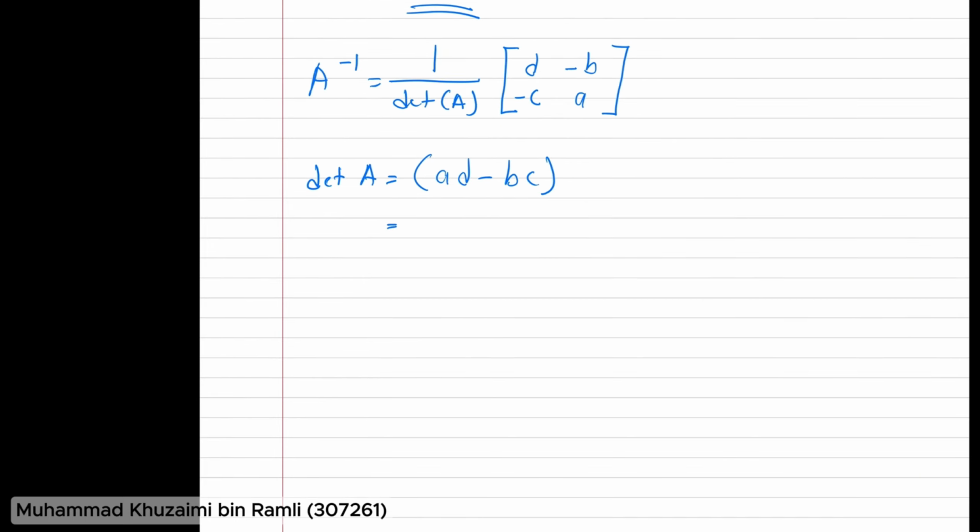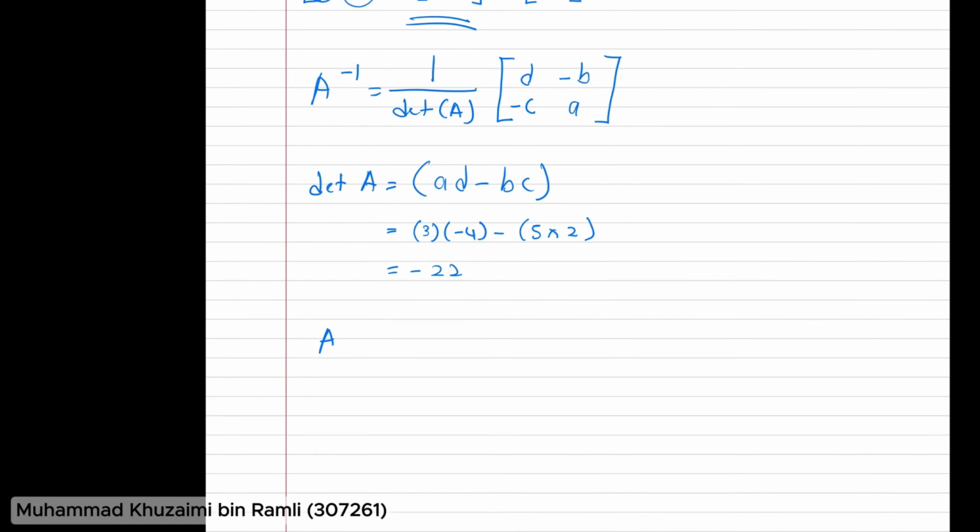Written in the formula, 3 times negative 4 minus 5 multiplied with 2. So our determinant is negative 22.